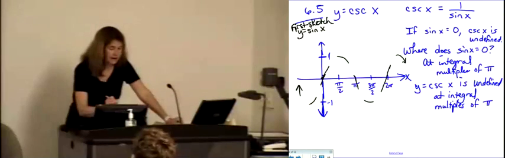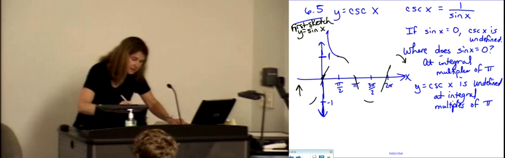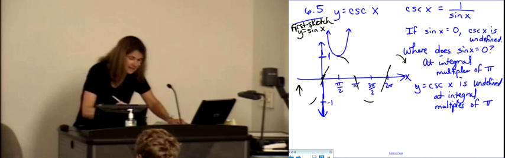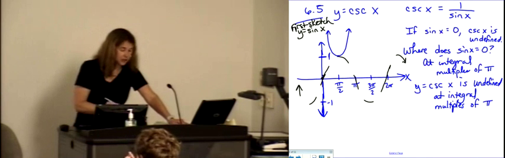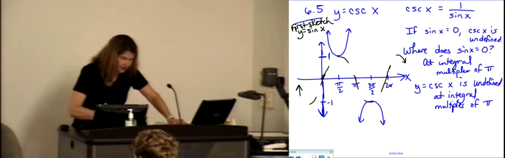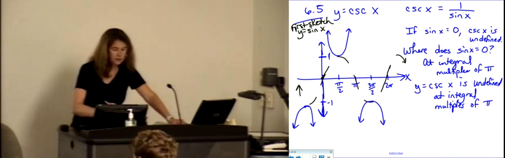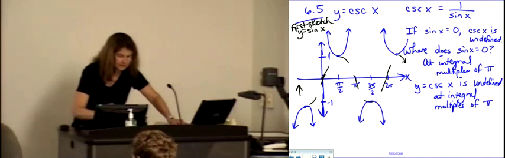Because what the cosecant graph is going to do, and I'll put it up here in blue, it is going to be parabolas, basically, they look like parabolas, off of the curves of the sine graph. Everywhere there's a curve, it's going to be like this.